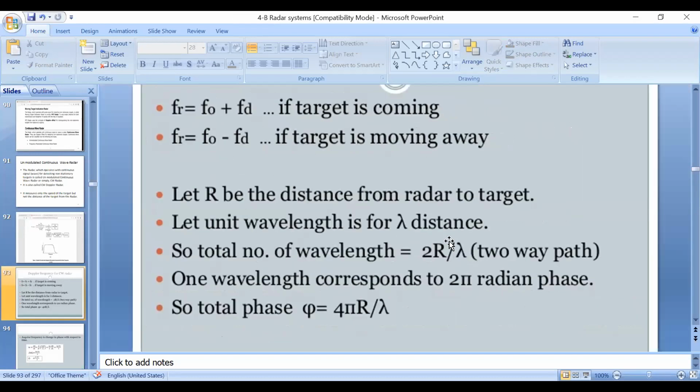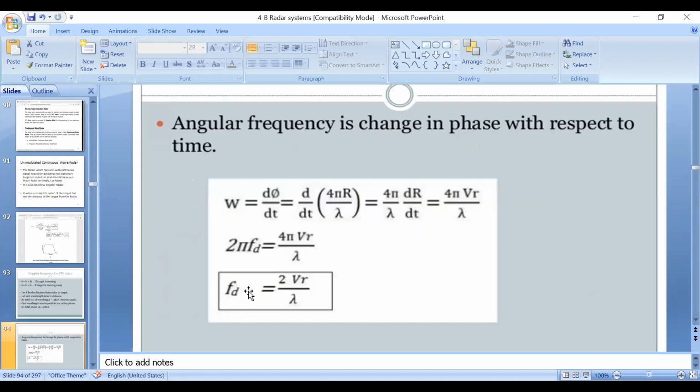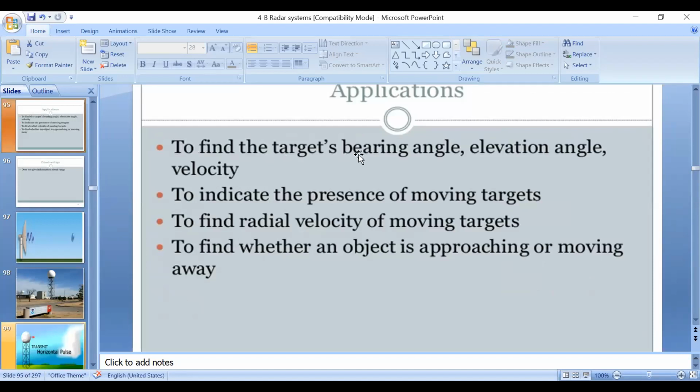In order to derive the Doppler frequency, they are considering the range, that is the distance from radar to target, and the unit wavelength. I already explained all these terms in the last class. The Doppler frequency is derived as FD is equal to 2 VR by lambda, right?